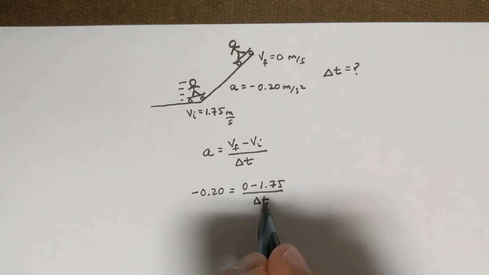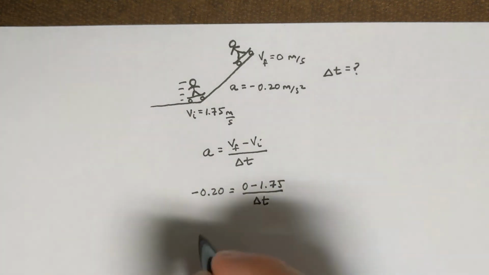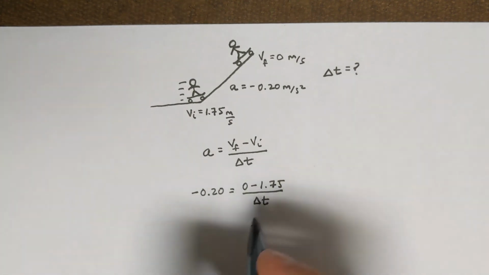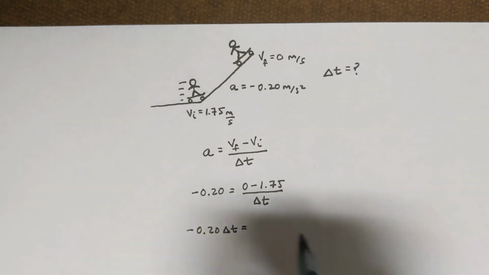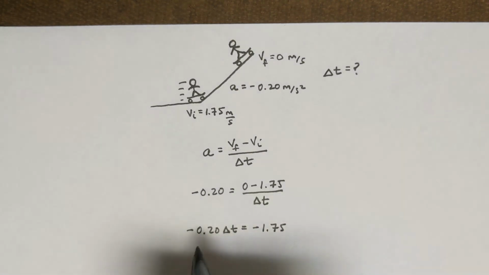The first step we should do is multiply both sides of the equation by change in time to get change in time out of the denominator. And then we should divide both sides of the equation by negative 0.20 to get delta t by itself.